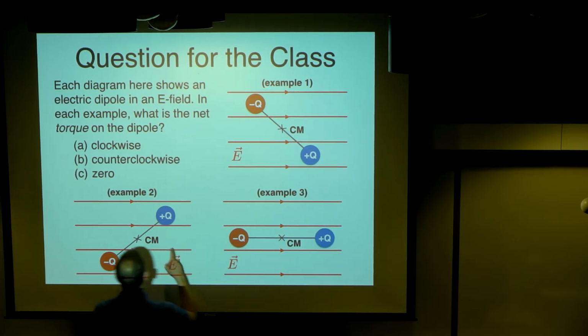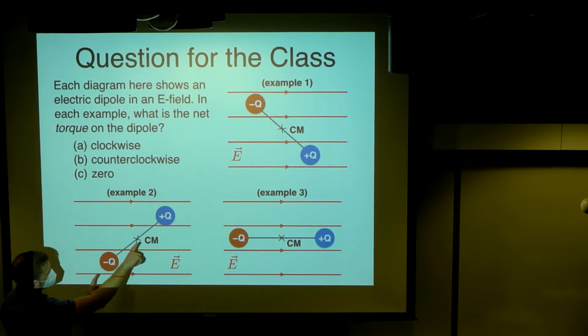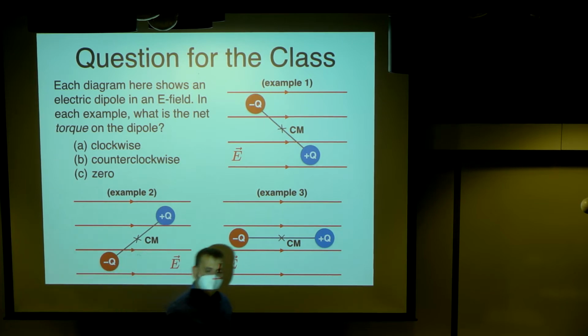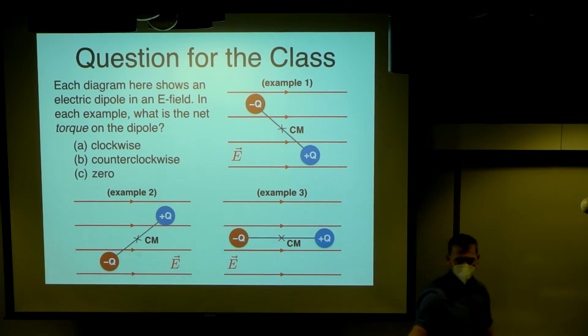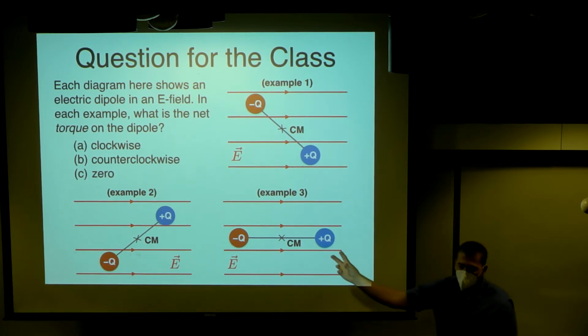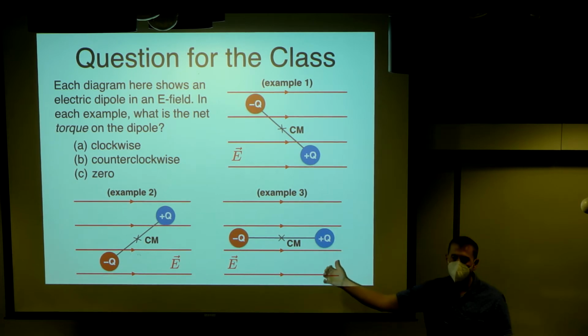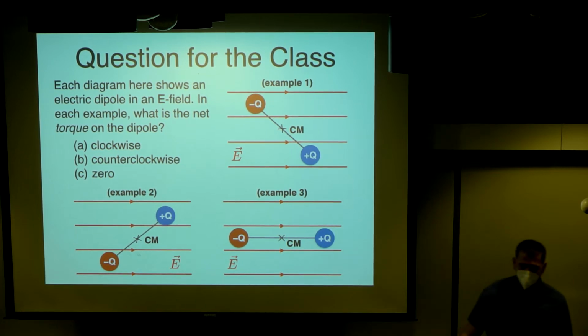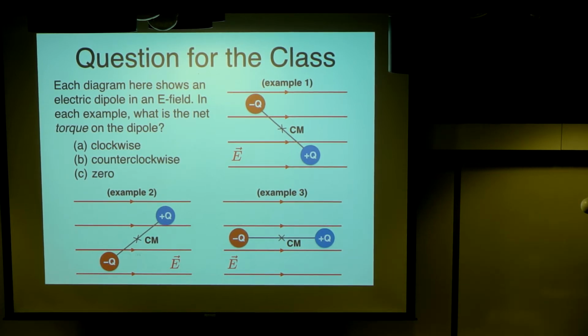If we have it like this, okay, it feels another torque, but that still brings it to that same orientation where the positive Q is going this way, negative Q is going this way. So the whole point of this, which we'll get to over time, is that dipoles in an electric field tend to align in a certain way. They're all kind of induced to align in the same direction, okay, because of this torque. But we'll go through the details of that.